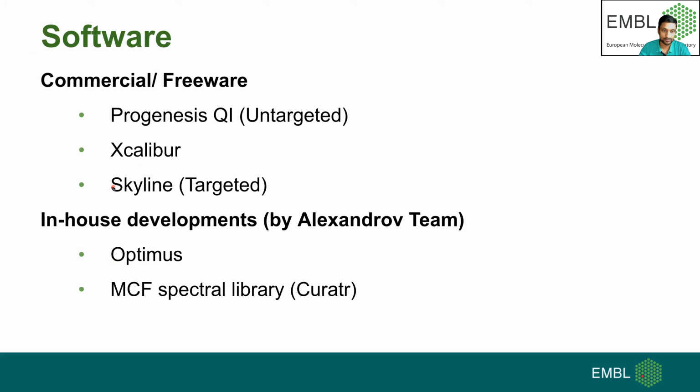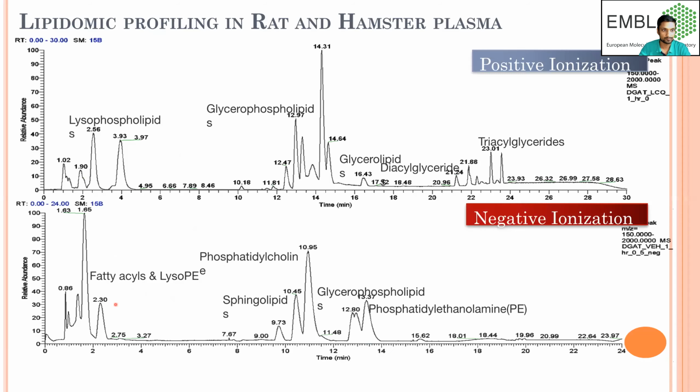Skyline is very good software which you can use even on untargeted metabolomics data in a targeted manner, as it just extracts the information which you want from any kind of data. We use public libraries such as MoNA and MassBank, and we also have our own MCF spectral library. So let's say you run the sample.